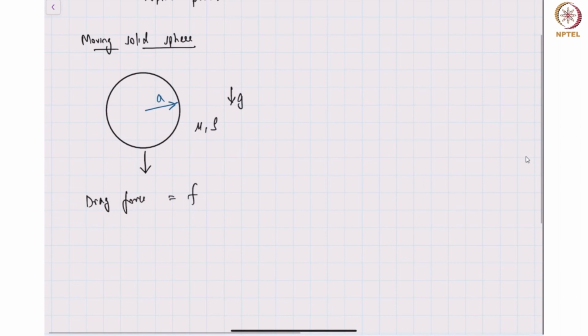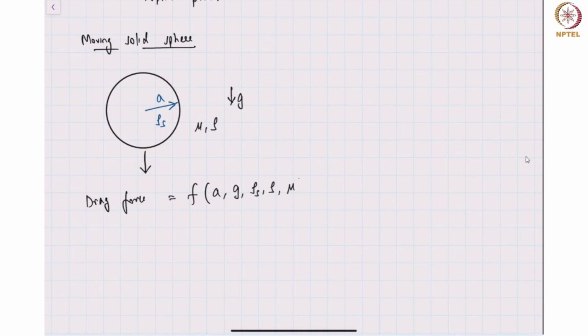Drag force, what is it as a function of the particle size, gravity, density difference? So let's say the density of the particle is rho s, and the density differences are the densities, viscosity, right?